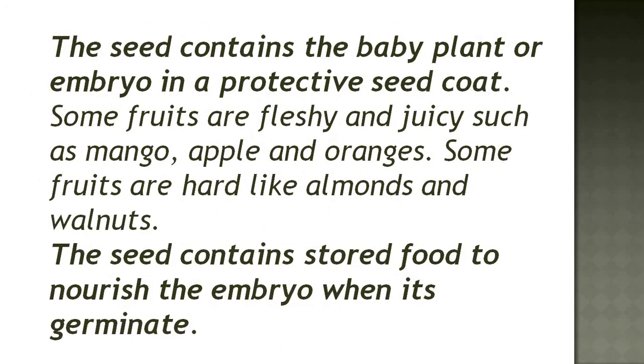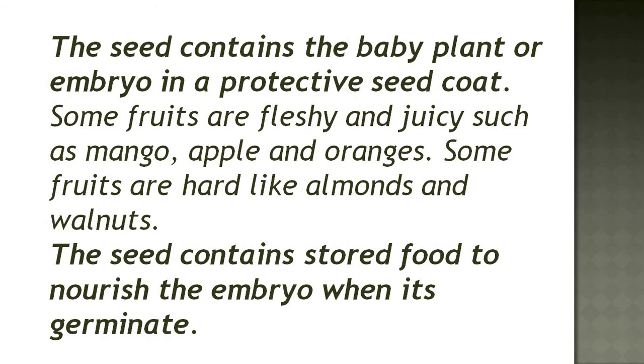Now the seeds which are present in the fruits contain the baby plant. So when you sow the seeds, the new plant comes out of the seed. Seeds have a protective coat, the seed coat, and inside the seed coat the baby plant is protected.